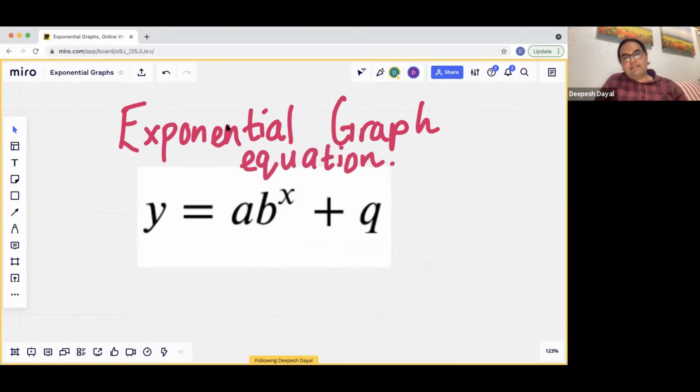And this is it. Y equals a b to the X plus q. Y equals a b to the X plus q.